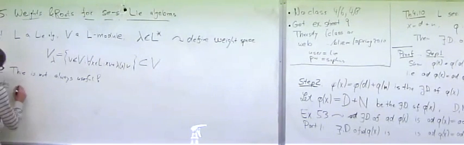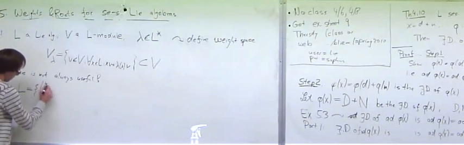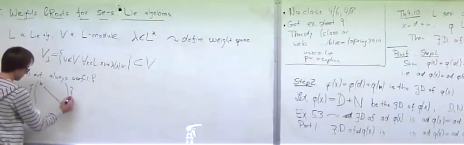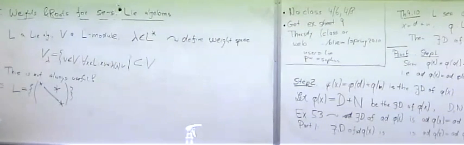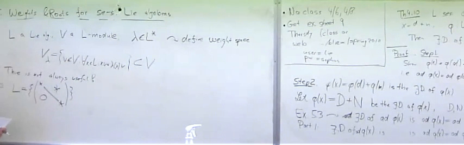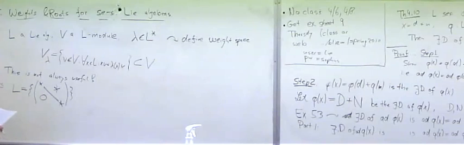So the one was L is the Lie algebra of upper triangular matrices. So fix some n by n matrices, and there should be zeros below the diagonal and arbitrary components on or above the diagonal.